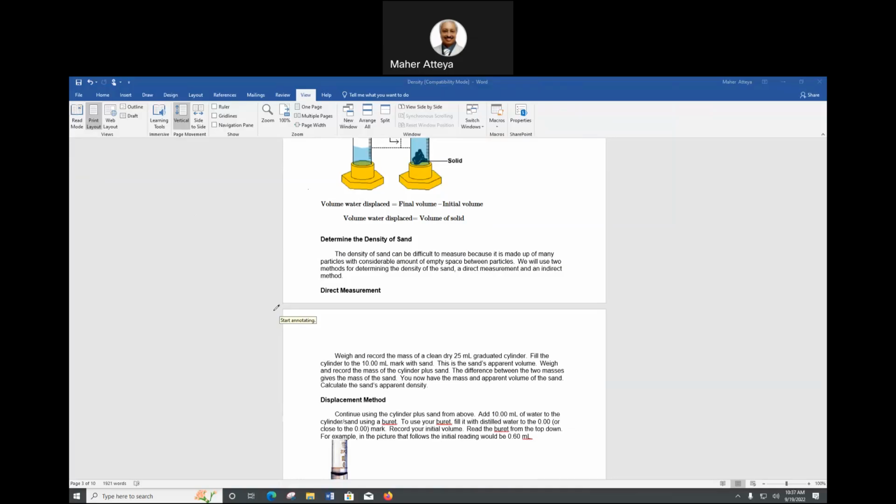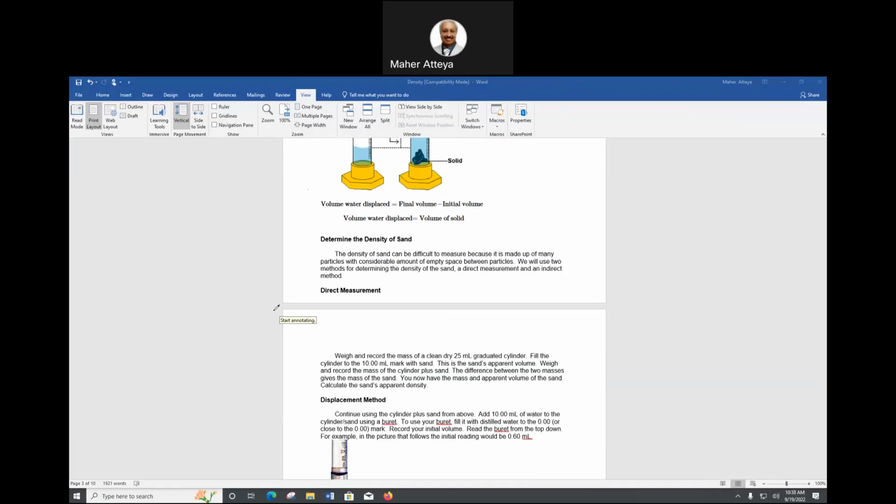So this is the direct method, but I'm measuring the non-true density. Why? Because I did not correct for the air bubbles there. I just weigh this one empty, fill it up to the 10, exactly 10. Right? Reweigh it again. The difference will be the mass, and then I use the volume as 10.